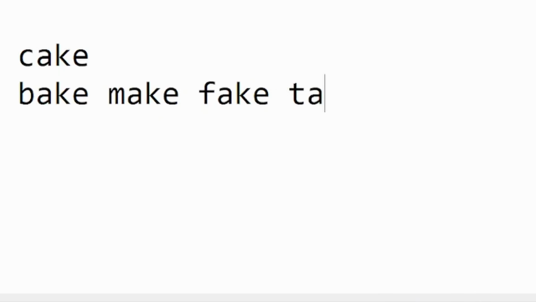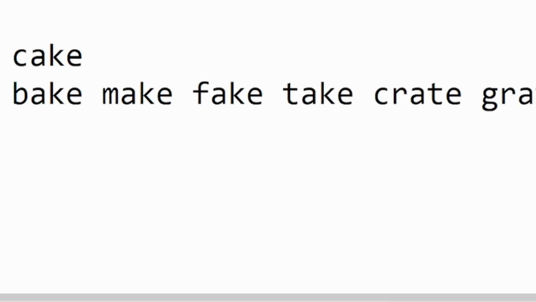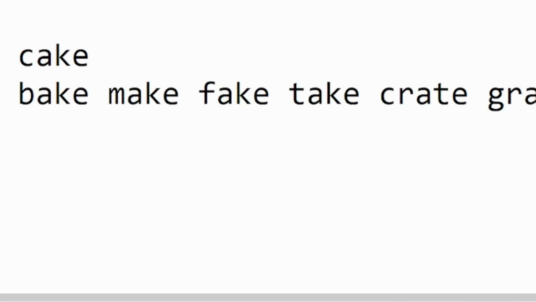So after this, we have, you see, bake. If we remove this E here, we read it back. We put E, we read bake. Make, lake, fake, take, crate, great, late, snake, gate, fame. Oh, this is not mad. This is supposed to be made, because you see, if we remove this E, we read it mad.